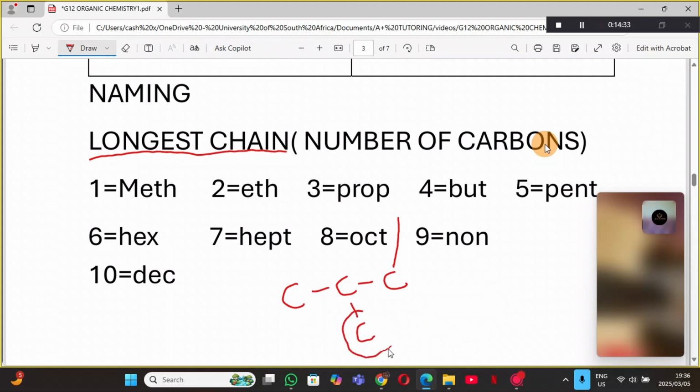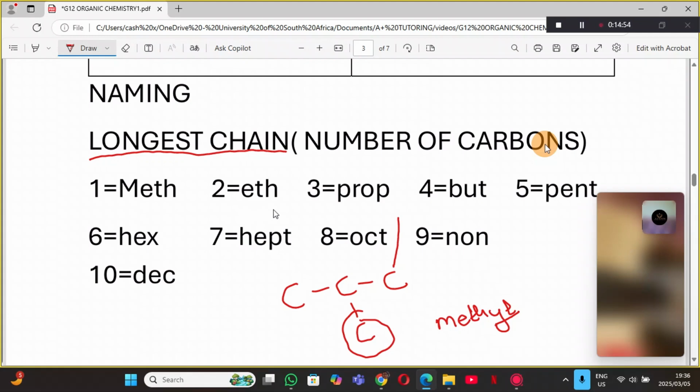That's when you now take this branch, because it's 1 carbon, and name it as what? A methyl. So if it's a branch, it ends with "-yl". So it's now a methyl because it's a branch, right?